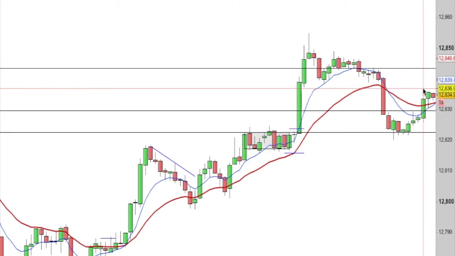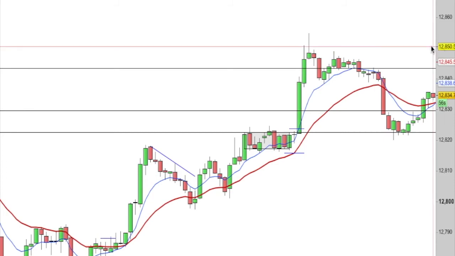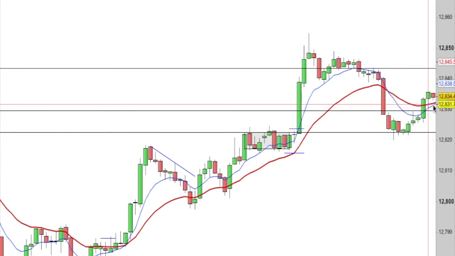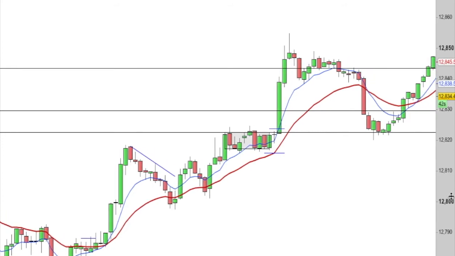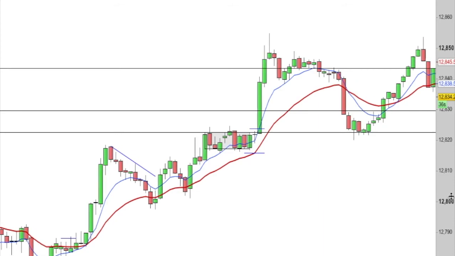And so this was at 12,836 level, and you've got to be concerned about the round number at 12,850. So quite a close stop required on this particular trade. And just fast forward here, you can see that we made it to the 12,850 level just before the market started pulling back. So another good trade there.